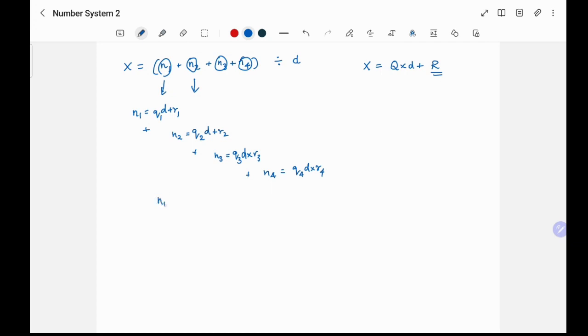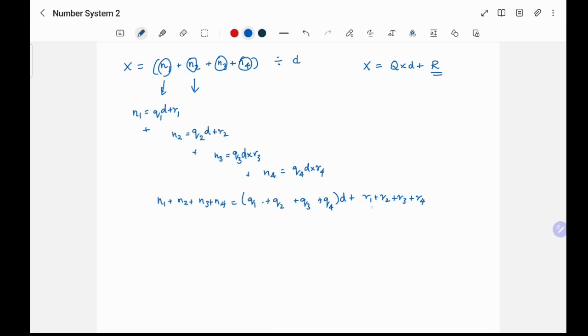So on the left hand side we have n1 plus n2 plus n3 plus n4 is equal to q1d plus q2d plus q3d plus q4d. So d is common in all this, let's take it outside, plus r1 plus r2 plus r3 plus r4.